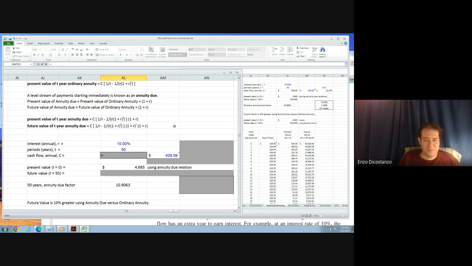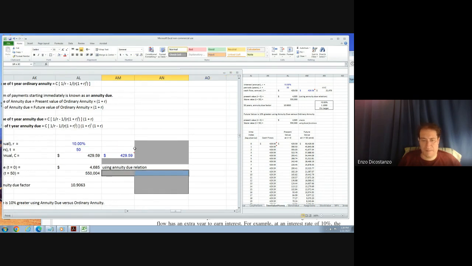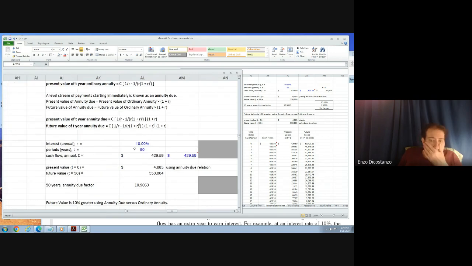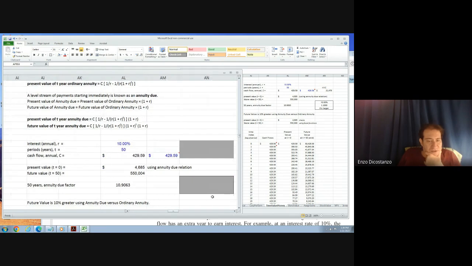So the cash flow would be this divided by that. We prove that, and then the future value is this times 1 plus that, to the 50 periods. Yeah, 550,000.